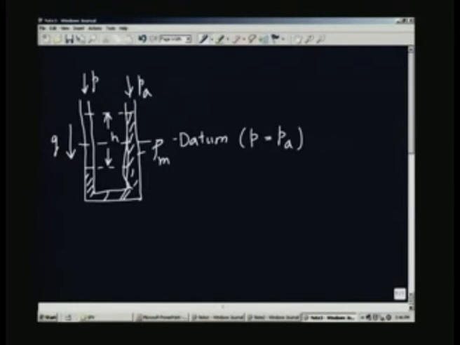When the pressure P is greater than P A, the liquid will depress on the left side and will go up on the right side.